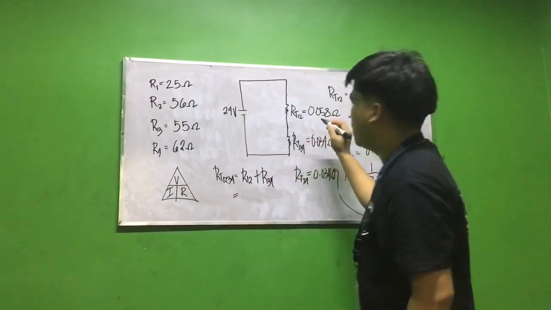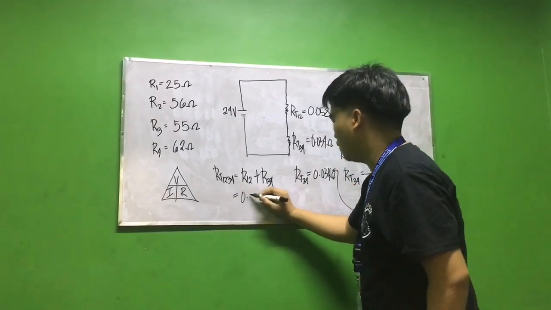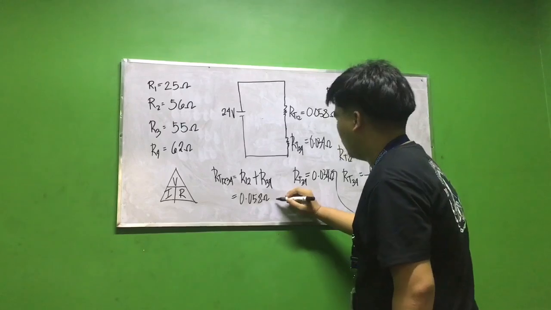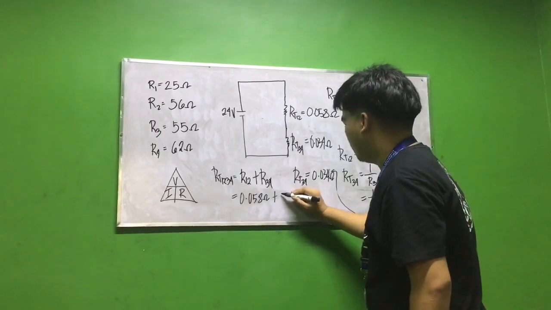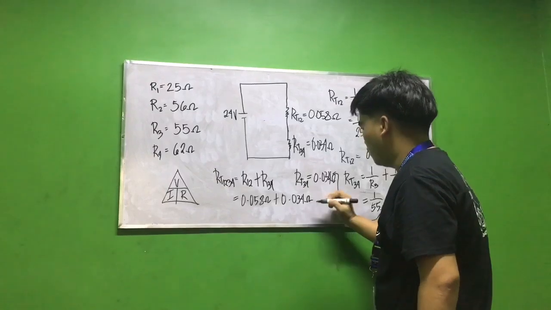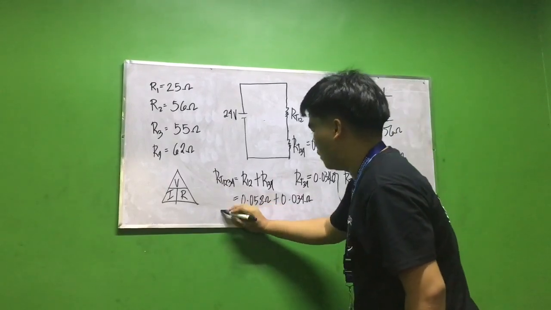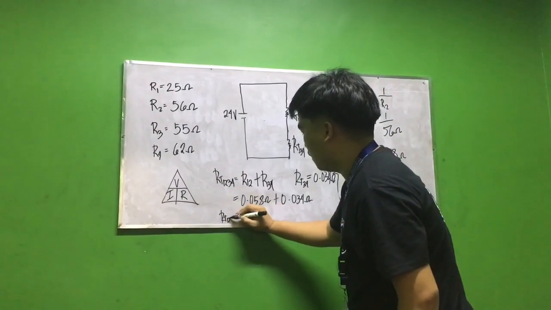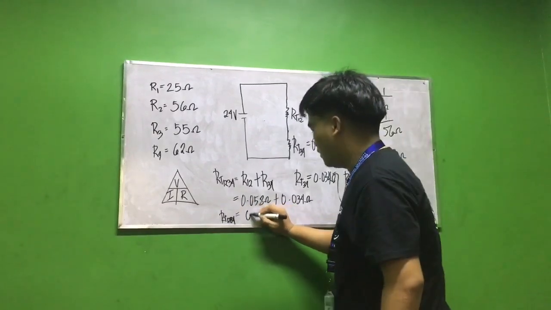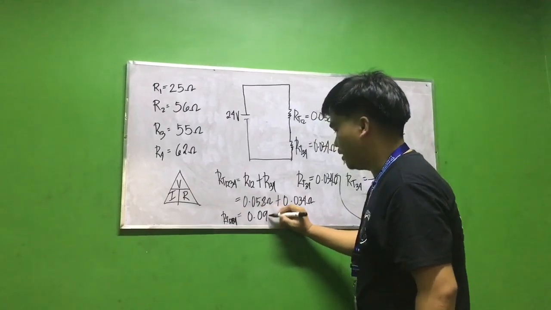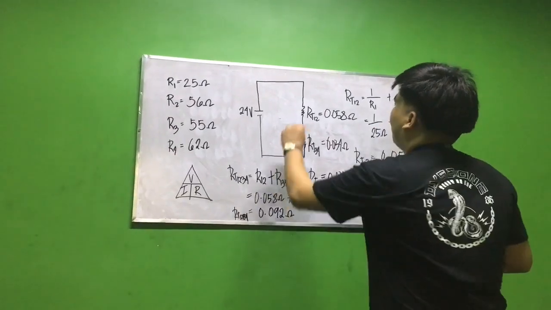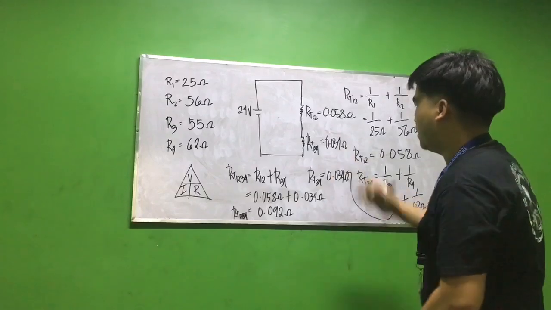So we have 0.058 ohms plus 0.034 ohms. So the total resistance of 1, 2, 3, 4 is equal to 0.092 ohms. Next we have to change the diagram.